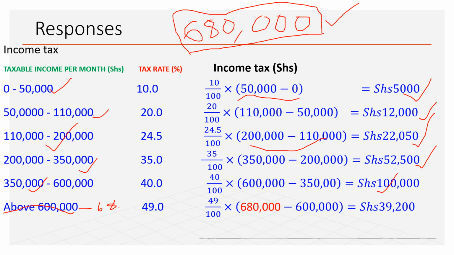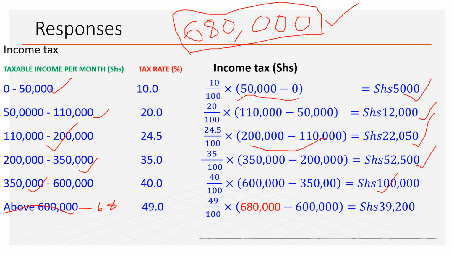So if it was between 350 to 600, then we're made to replace this 600 with that taxable income. So you replace the maximum value within the range with the taxable income in the scenario. So the taxable income we have as per this is actually above 600,000. That's why we are taking 600,000 to 680,000.